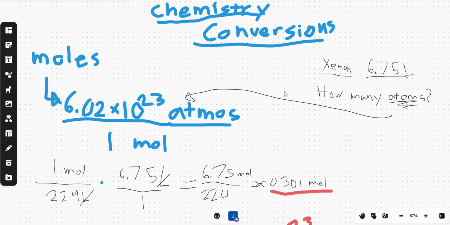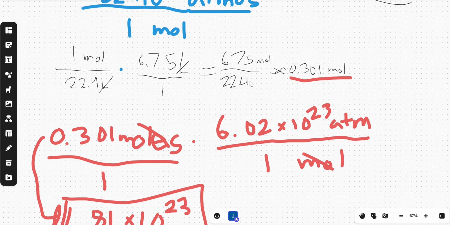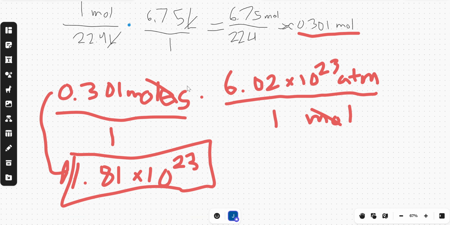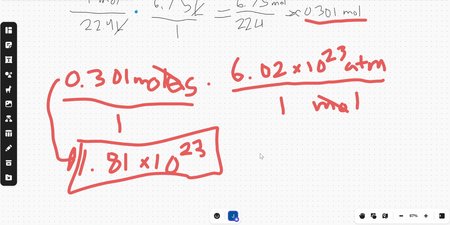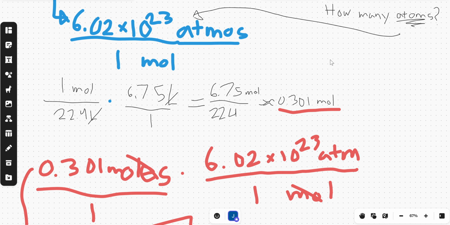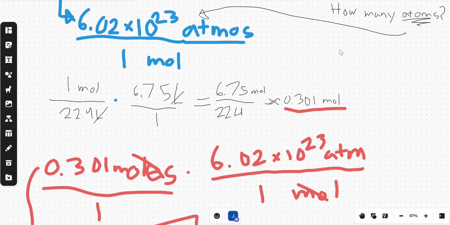And the example that we used for today's lesson is that we understood what the problem was asking for, we converted that thoroughly, obtained our mole, and after we obtained our mole, we divided and canceled out the factors, and we found our answer, which is 1.81 times 10 to the 23rd atoms of xenon are in the balloon of a volume of 6.75 liters, assuming that the full balloon was pumped full of xenon.